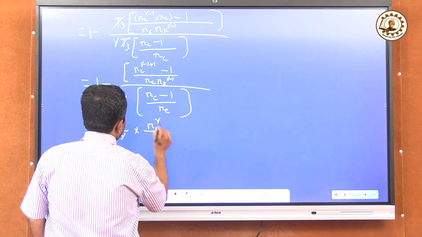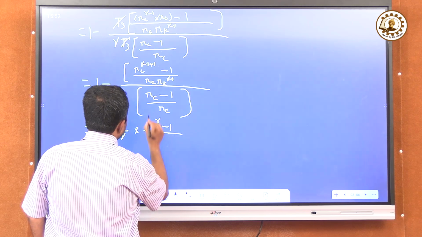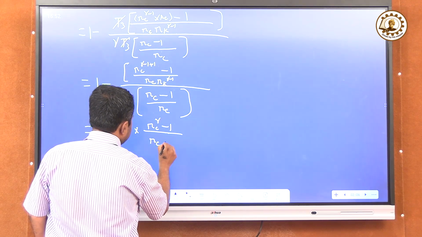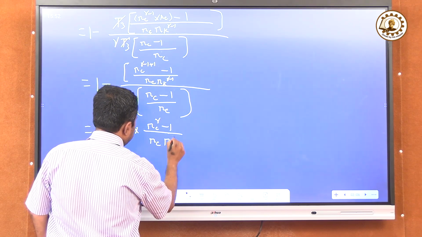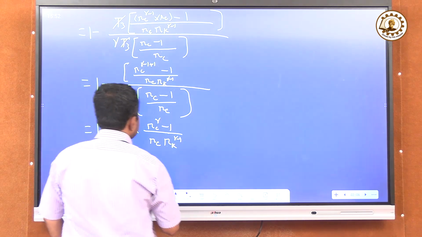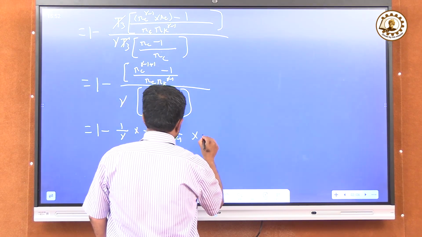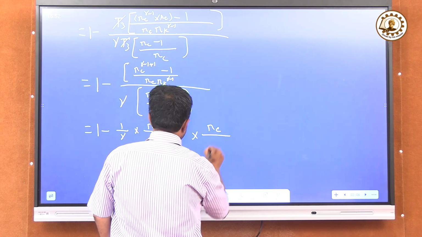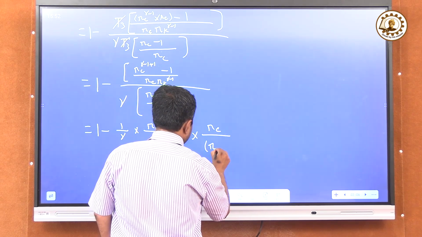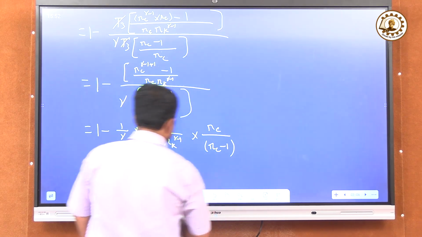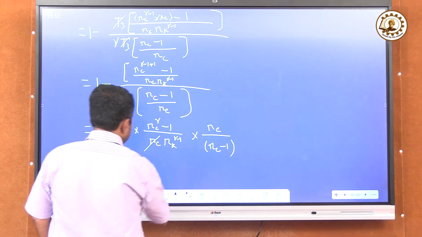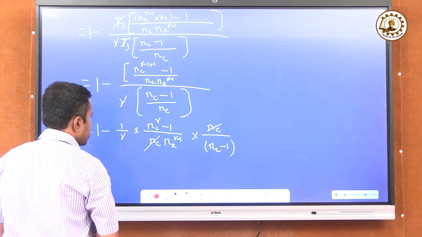Then we can write 1 minus 1 by gamma into Rc to the power gamma minus 1 by Rc into Rk to the power gamma minus 1 into Rc by Rc minus 1. Now we can cancel Rc with Rc.